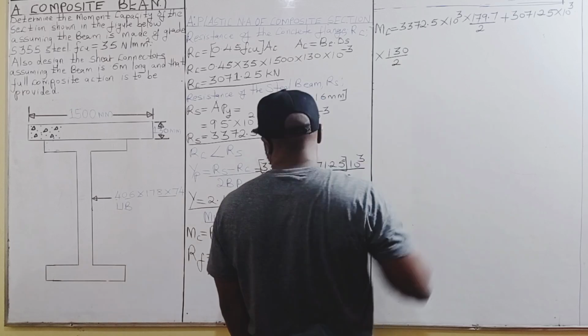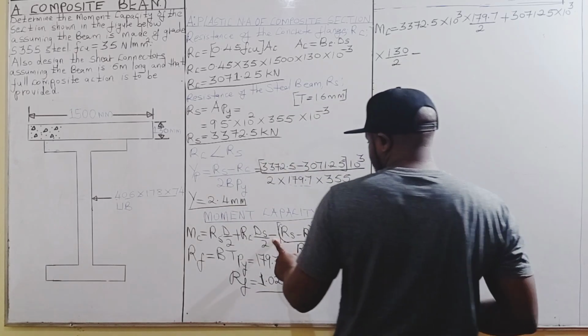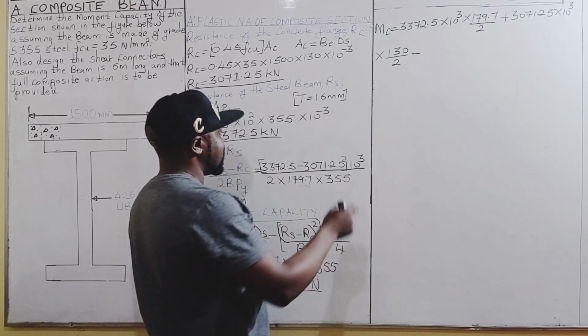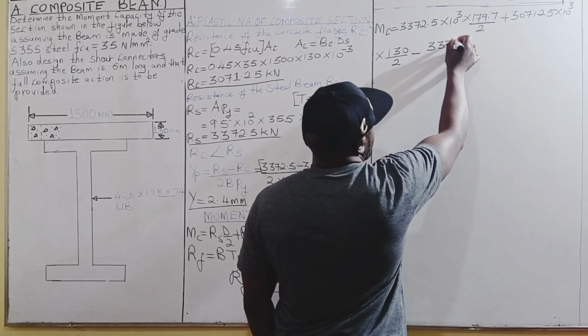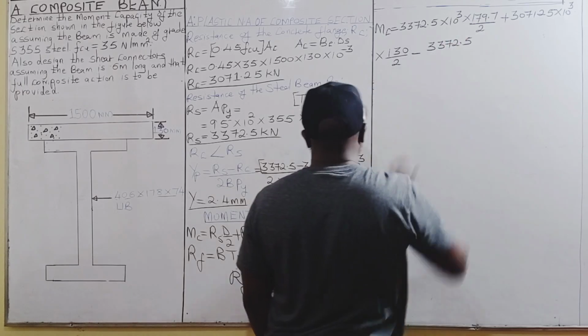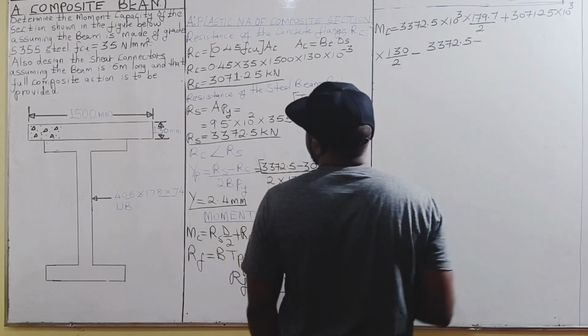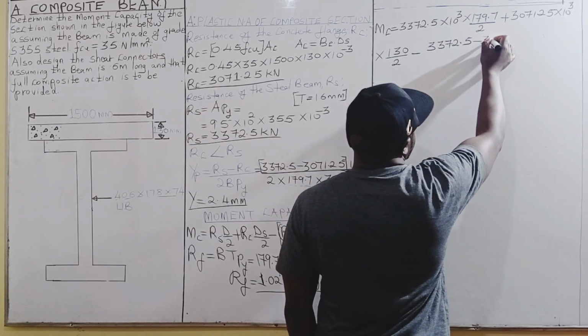Therefore 130 divided by 2 minus RS, that is 3372.5 kilonewtons, minus RC. So we subtract RC, which is 3071.25.